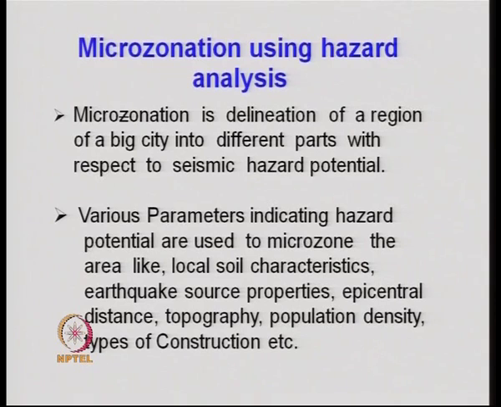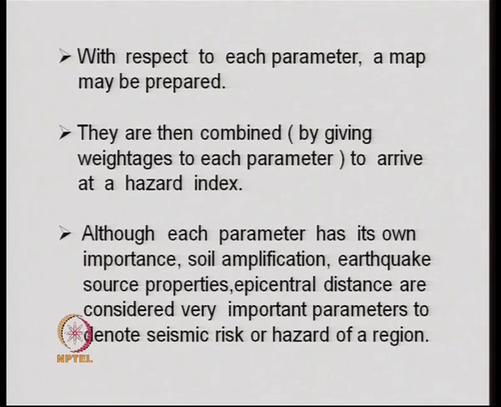Various parameters indicating hazard potential are used to microzone the area, like local soil characteristics, earthquake source properties, epicentral distance, topography, population density, types of construction, etc. With respect to each parameter, a map may be prepared. They are then combined by giving weightages to each parameter to arrive at a hazard index.